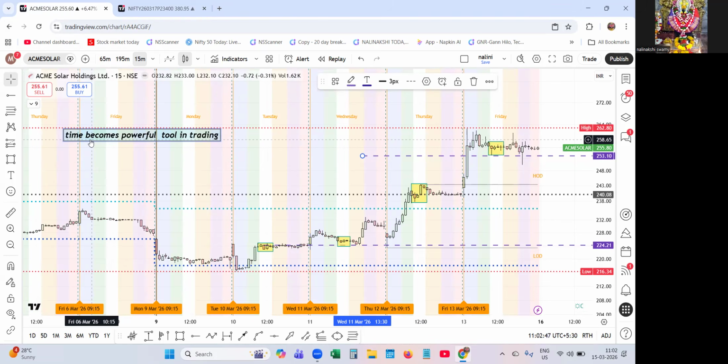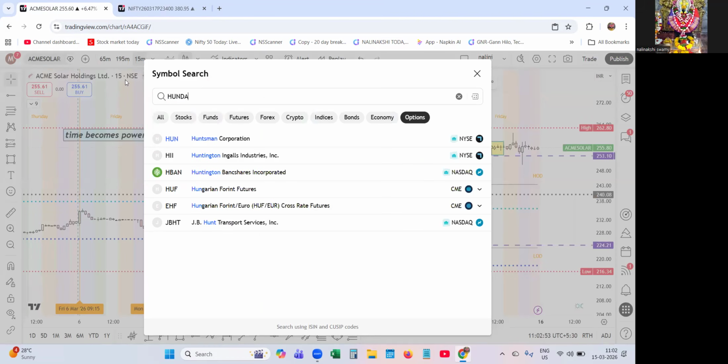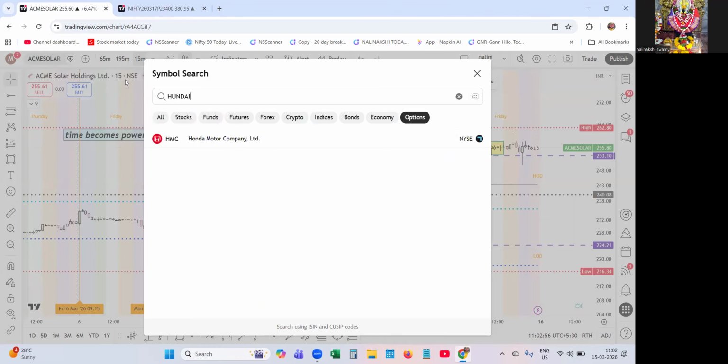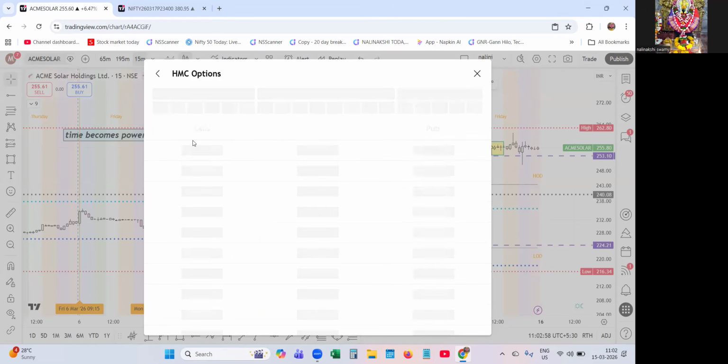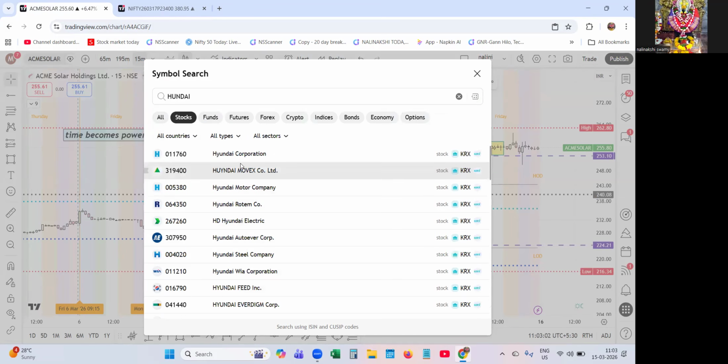I noticed Hyundai Motor. Let me go to this. You can see Hyundai Motor.